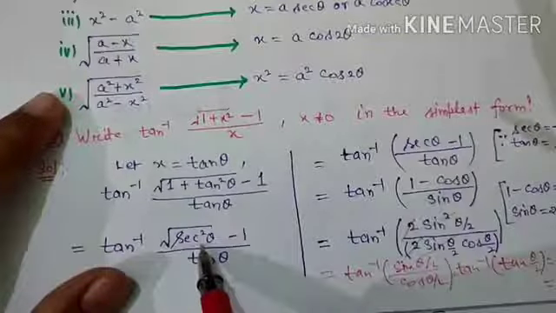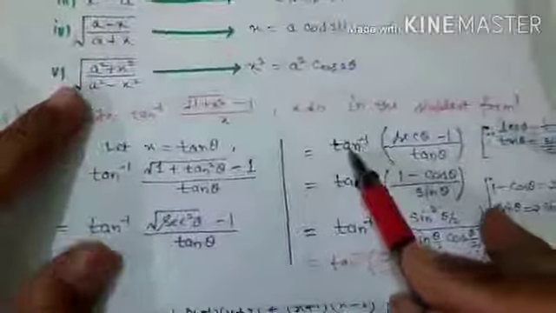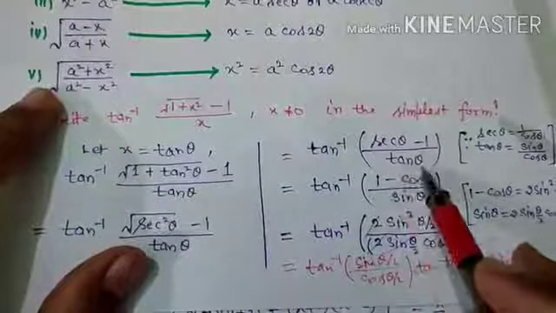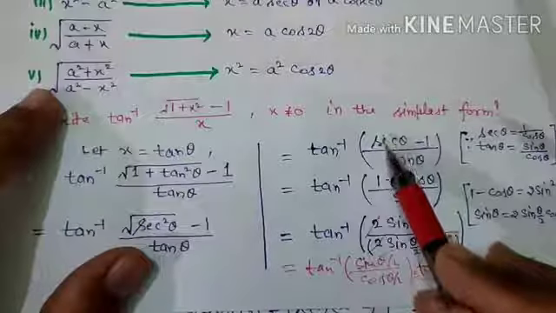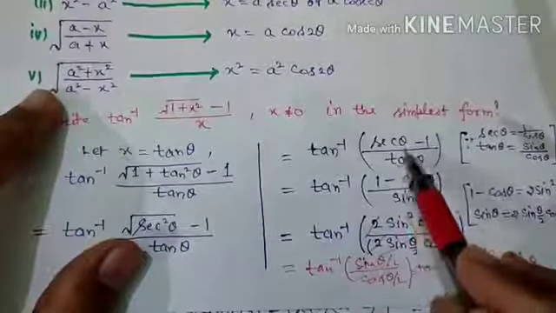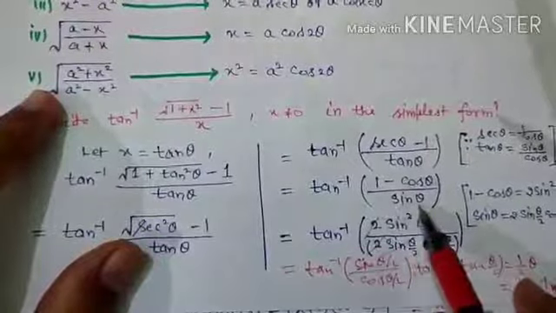After taking the root of this, we'll be getting sec theta minus 1 upon tan theta. Now just take LCM. Sec theta we know is 1 upon cos theta, and tan theta is sine upon cos. If we take LCM, we'll be getting 1 minus cos theta upon sine theta.